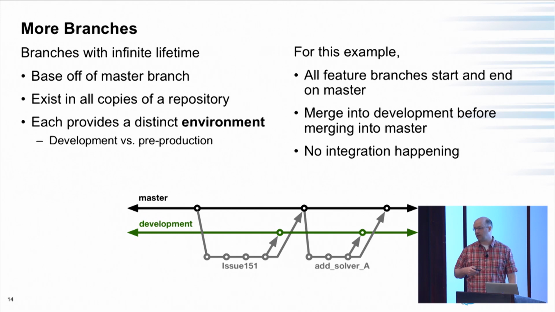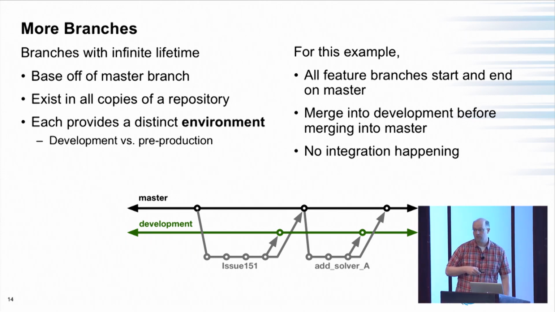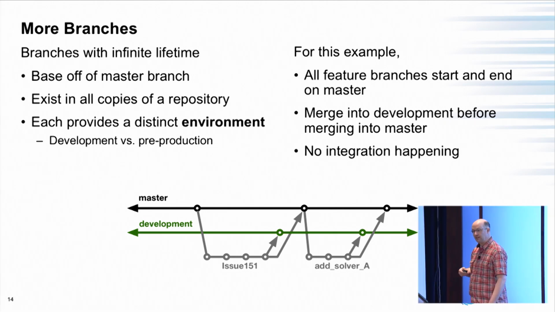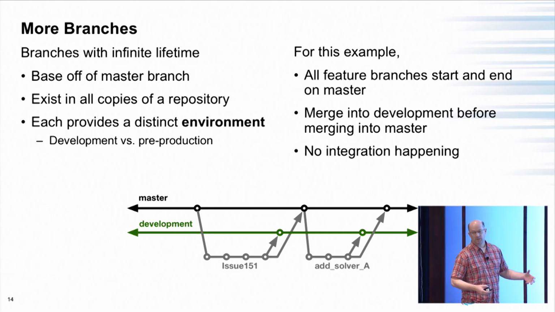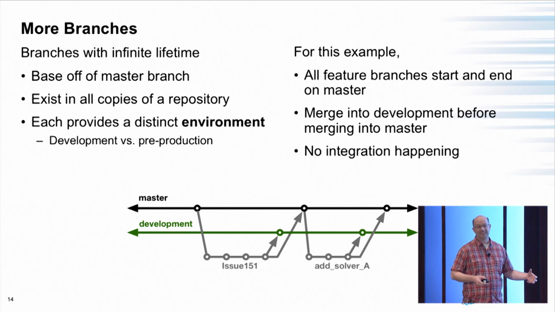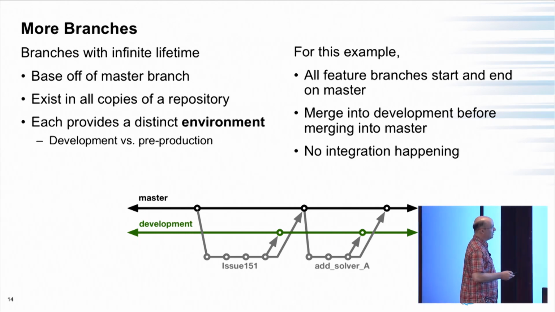Some of them might be prototyping, some of these might be earnest developments that will end up in master, and some of them might just be complete garbage. So the idea is here, this is where you get to play around. Whereas if I have an infinite lifetime branch named pre-production, well, that just by the name sounds completely different. The idea is that I've done some work, I've got a group of commits that I believe to be correct, and what's more, I believe that that functionality is interesting and should be put into master, right? So hopefully we're getting an idea of that.